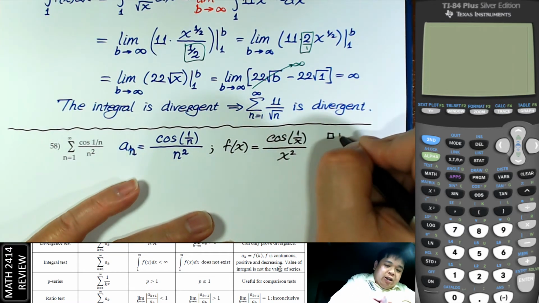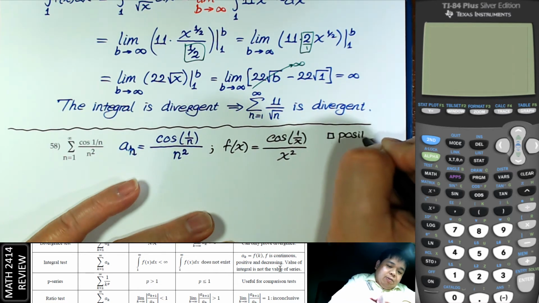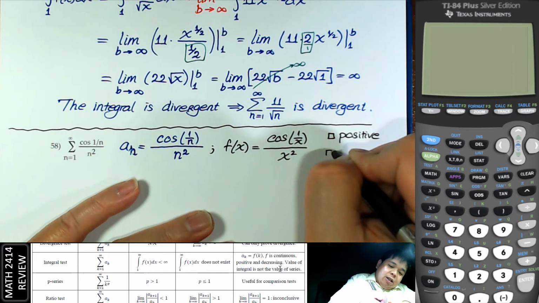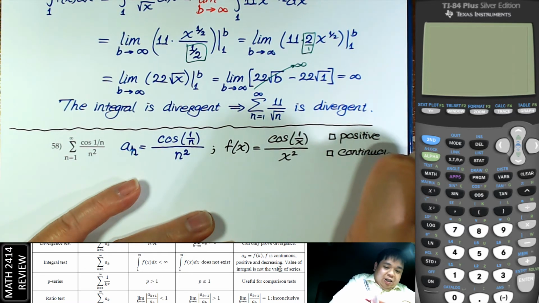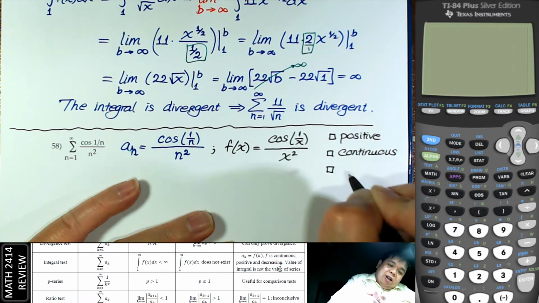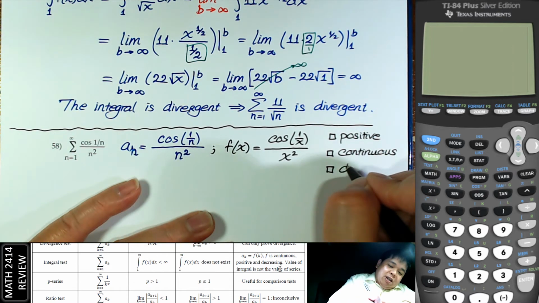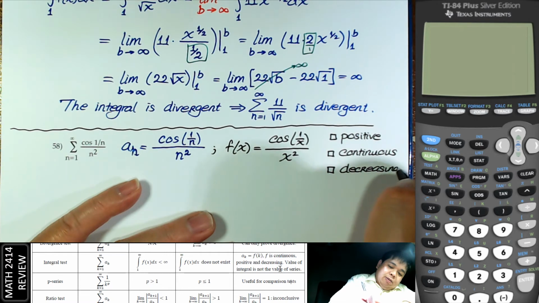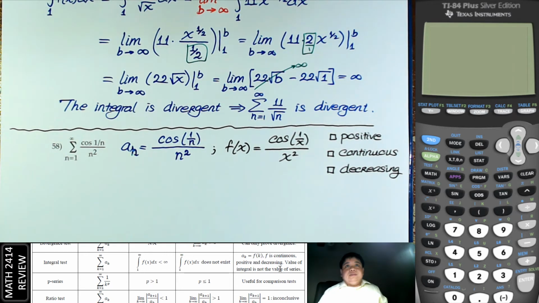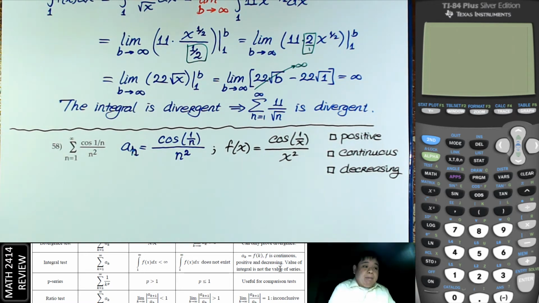Now there will be 3 boxes. We need to check, is it continuous first? Continuous, positive, and is it decreasing? By the way, if I ask you for the integral test, that should be the case, because if the answer is we cannot use the integral test, then there's really not much we can do here.